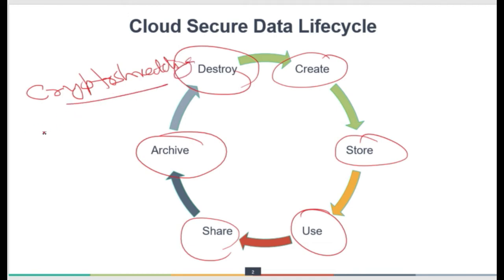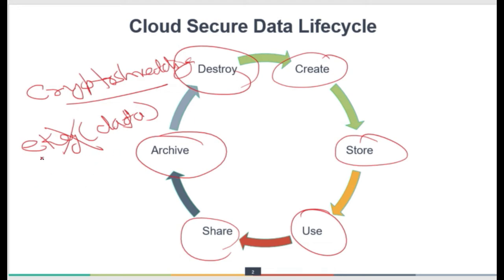So crypto shredding, what it does is, it encrypts the data with the key, and we erase this key. Then this data becomes unusable. So that is the crypto erase.